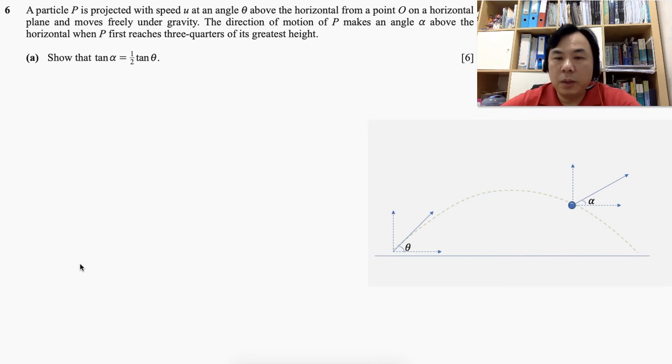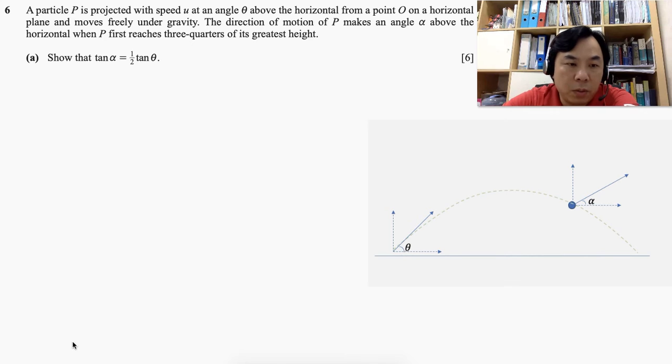Now let's try to go through all the properties for this projectile motion before we try to solve it. Now there are many ways you can actually solve it here, but personally I prefer to use the divide and conquer strategy rather than using the combined formula that you can find in MF19 there.